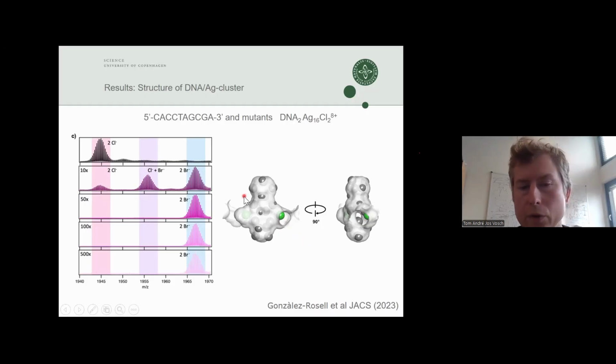And if you look at the structure, you can actually see that around the position where the chlorides are situated, there's some kind of tunnel or access to the solvent environment, so these chlorides can come off and can be exchanged with bromides.